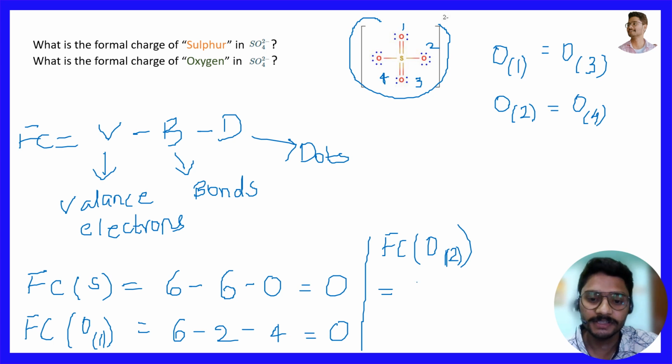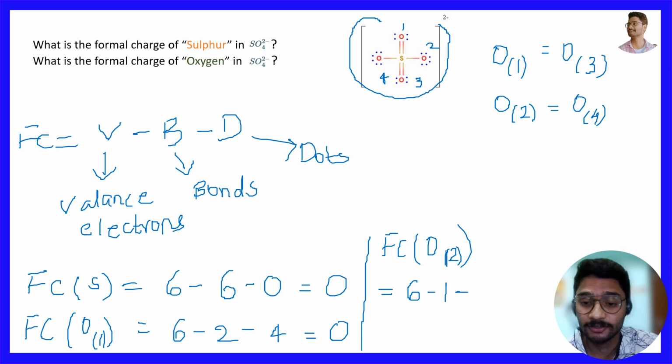So 6 is the valency of oxygen, and then we have to subtract the number of bonds around this oxygen atom. So when we check this oxygen 2, how many bonds are there? Only one bond is present around the oxygen 2, right? So we are going to write the same 1, and we have to subtract the number of dots present around this oxygen atom.